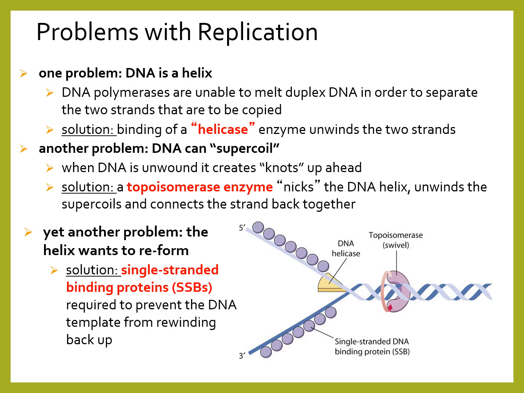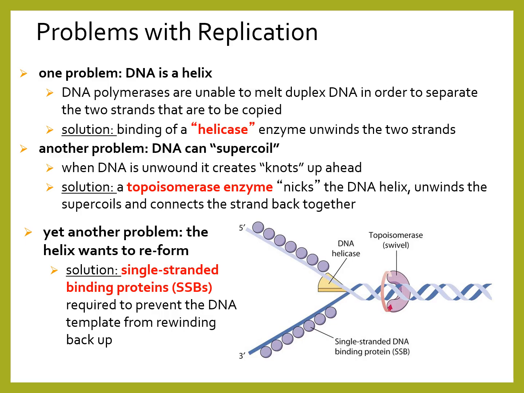But because it's physically attached to things like histones and, in bacteria, cytoskeletal proteins, the minute you start to unwind that DNA through a helicase, you are going to create knots ahead of that unwinding, and that's called supercoiling. So in both prokaryotic and eukaryotic DNA, the DNA is physically attached to supportive proteins, be it histones, or nuclear lamina proteins, or the supportive proteins of a prokaryotic cytoplasm.